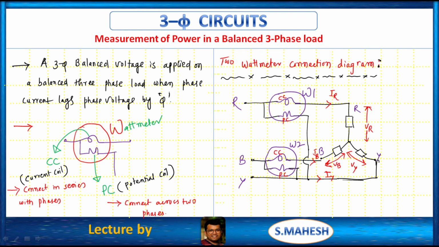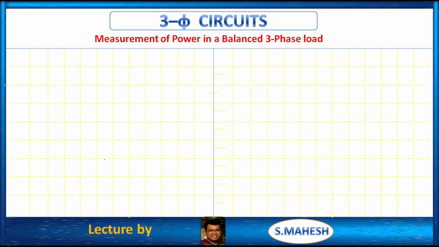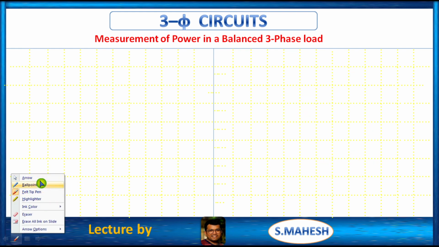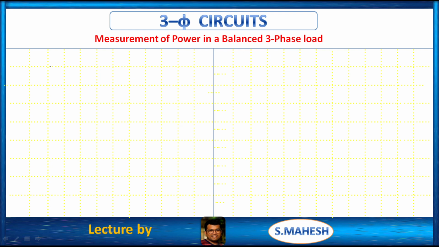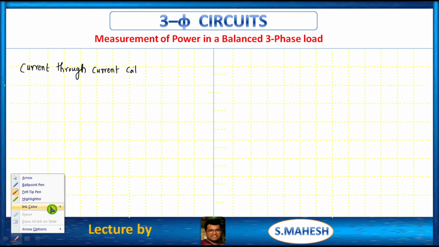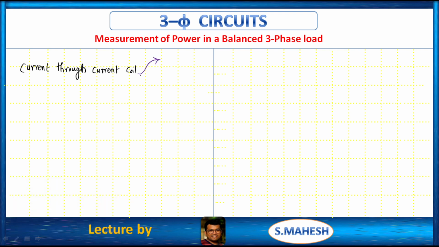Okay, from this we can write the current through the current coil of wattmeter 1 and wattmeter 2, right?